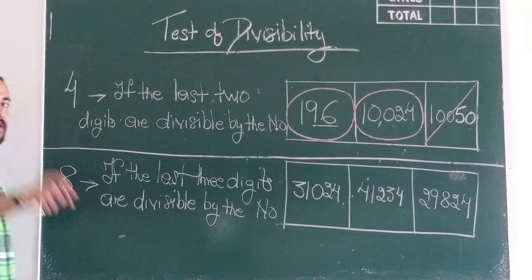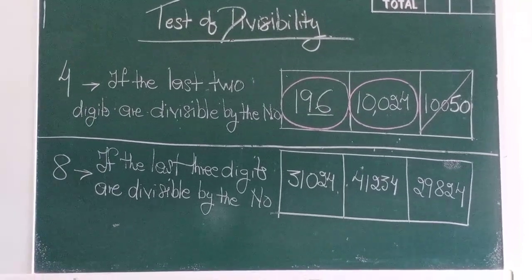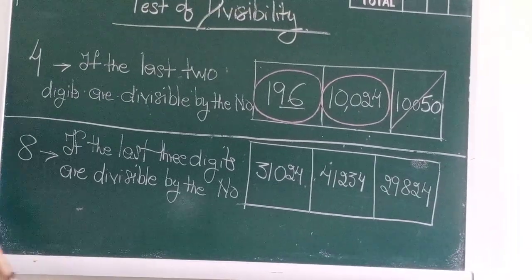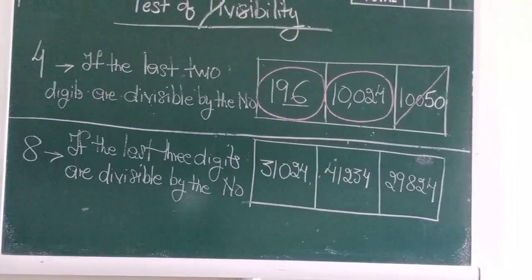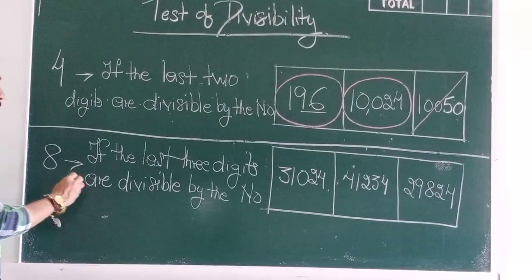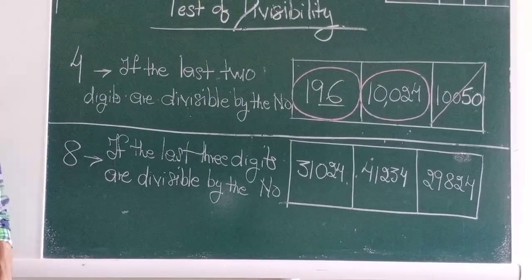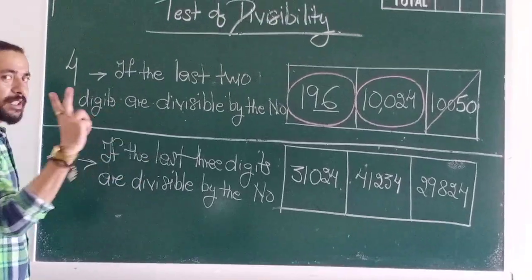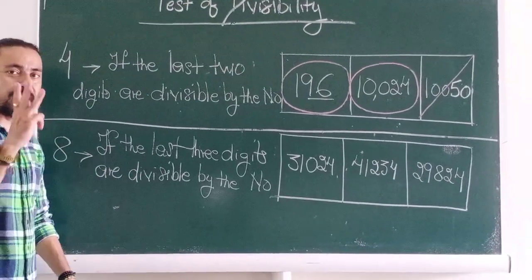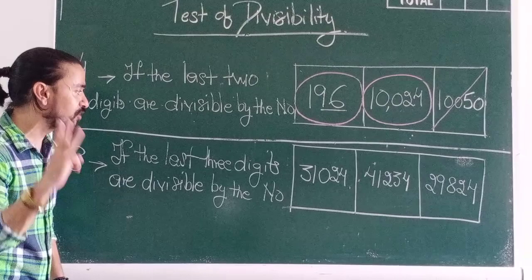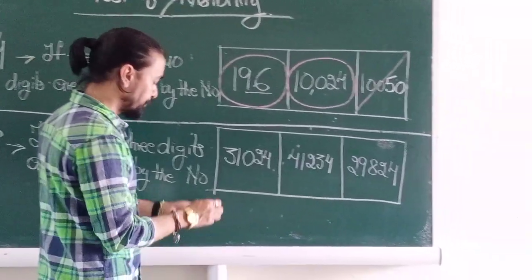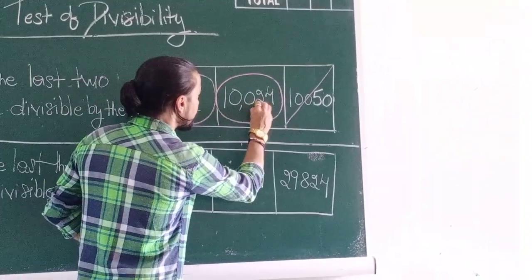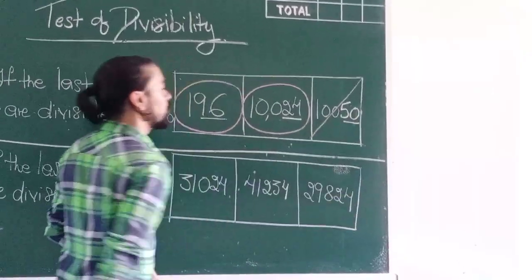For 4, it is the last 2 digits should be divisible by the number. For 8, it should be the last 3 digits should be divisible by that particular number which I am checking. So for 4, it is the last 2 digits. For 8, it is the last 3 digits. Remember, last 3 digits. So I come here. I just underline this and I'll underline this also to make it clear to you.